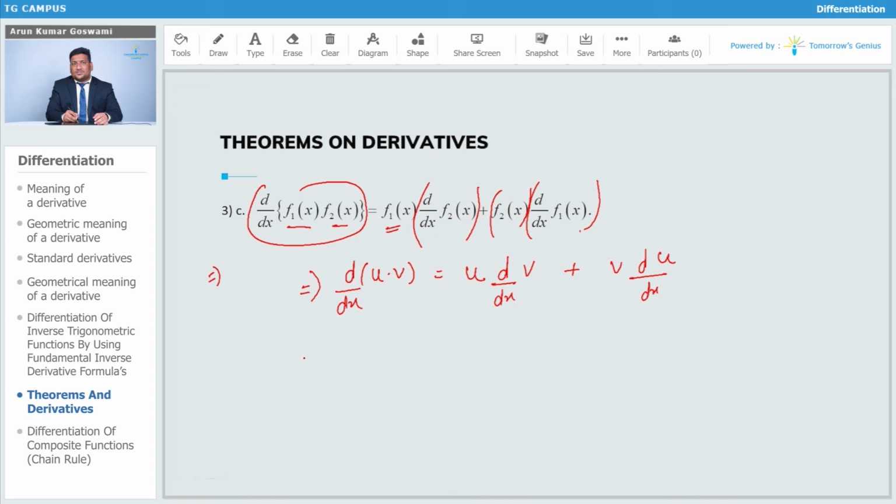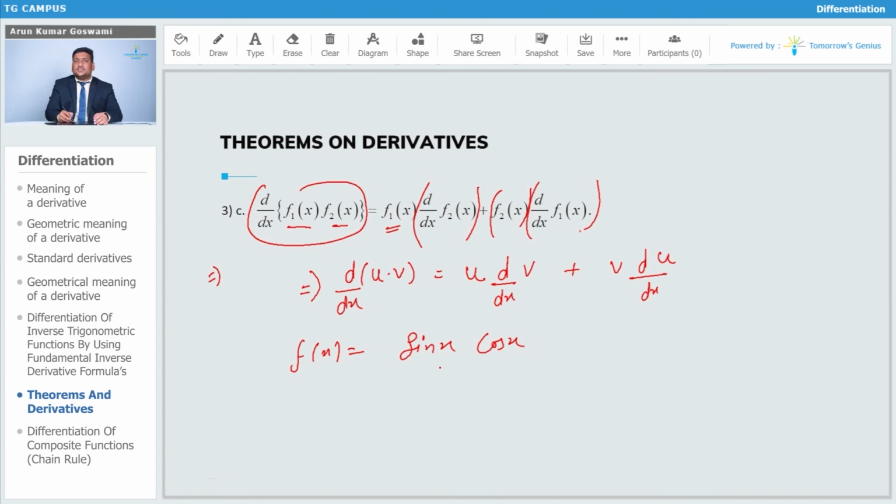Let us suppose I have one function f of x, and I have to differentiate the product of two functions, which is nothing but sin x and cos x. Anyone you can assume as u, anyone as v, or as the first function and the second function. It is up to you.